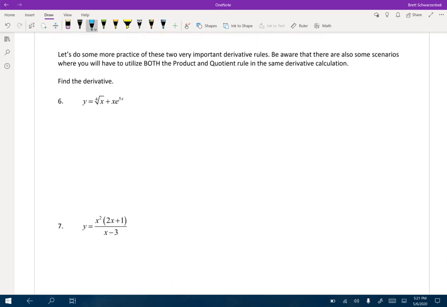It says, let's do some more practice of these two very important derivative rules. Be aware there are also some scenarios where you will have to utilize both the product and quotient rule in the same derivative calculation. So that's to come. But let's talk about some of the crazy derivatives that you're going to end up having to take.